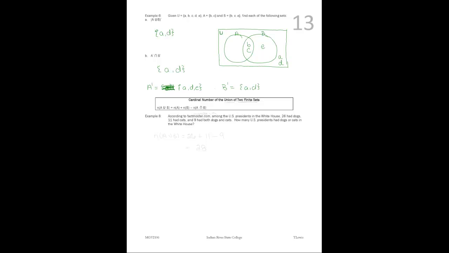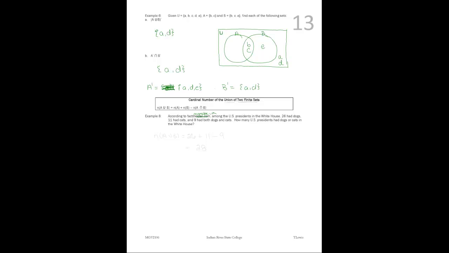That's me typing very fast. Among the U.S. presidents in the White House, 26 had dogs, 11 had cats, and 9 had both dogs and cats. How many U.S. presidents had dogs or cats in the White House?